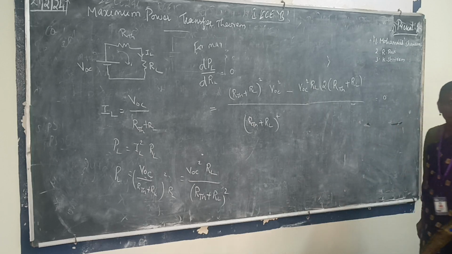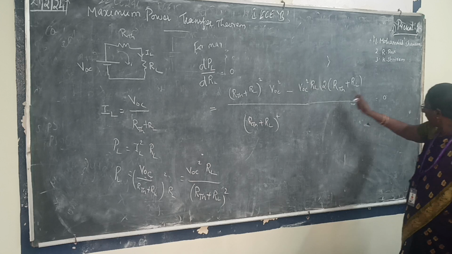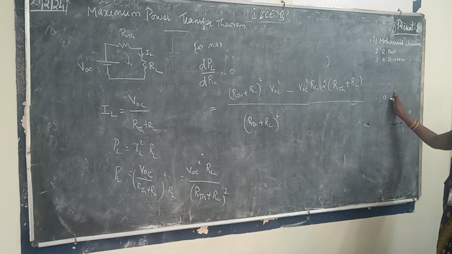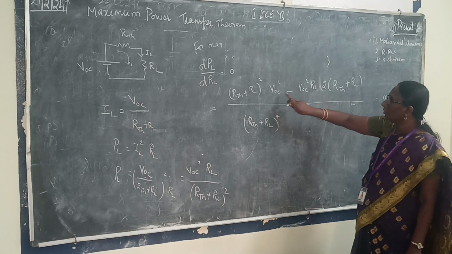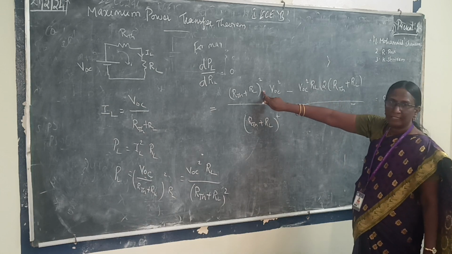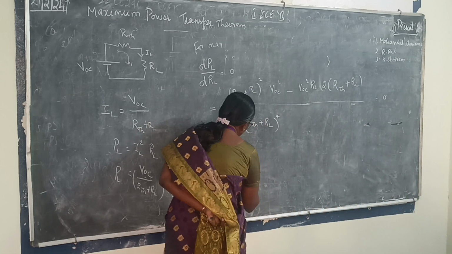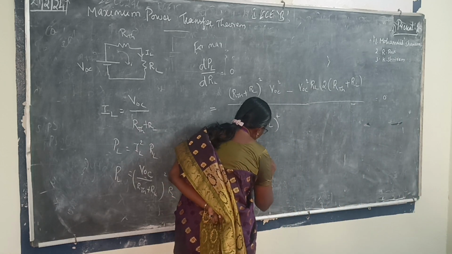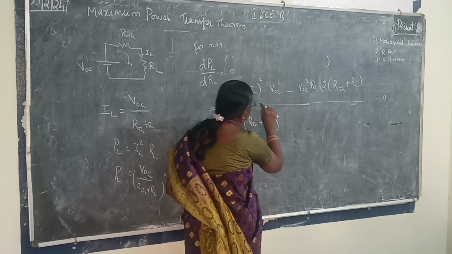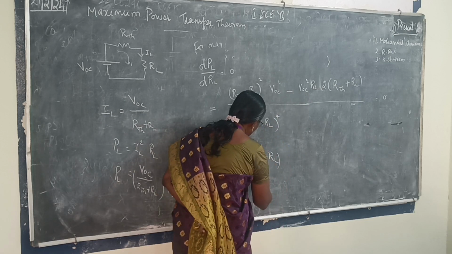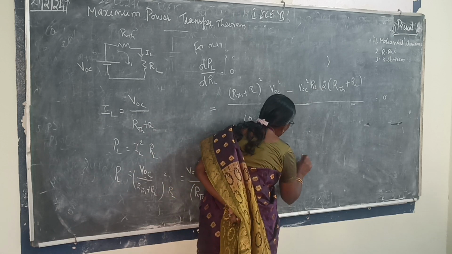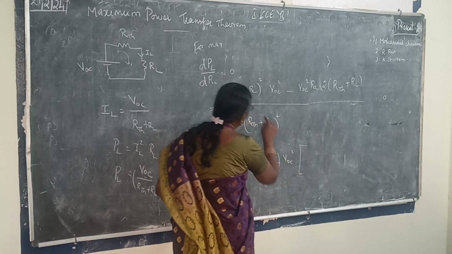Then when you are equating to 0, what will come? It will come here, isn't it? Then the denominator becomes 0. The numerator VOC squared and RTH plus RL is constant, isn't it? So when you take the numerator RTH plus RL and the common terms present in both sides, VOC squared into what will come?